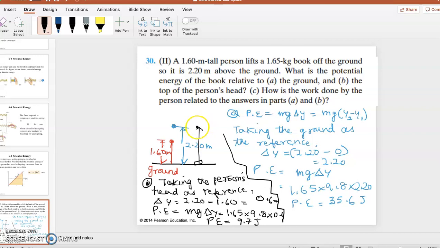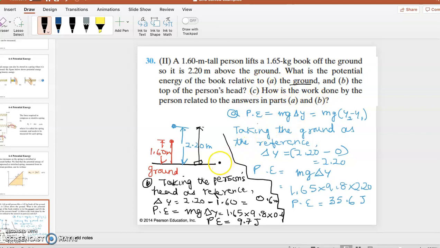So the total elevation from the ground was 2.2 meter. He said, what is the potential energy of the book relative to the ground? It is mg times 2.2, when he said relative to the ground.